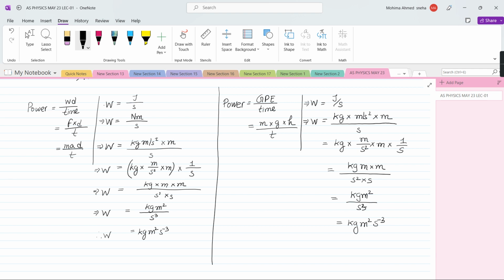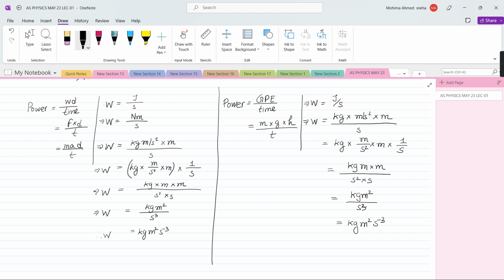So you have seen now that I used different equations on both sides. On my left hand side I used the equation power equal to work done over time. On my right hand side I used gravitational potential energy over time. But even at the end of the calculation, the base unit for watt is still the same. Is there any confusion now?